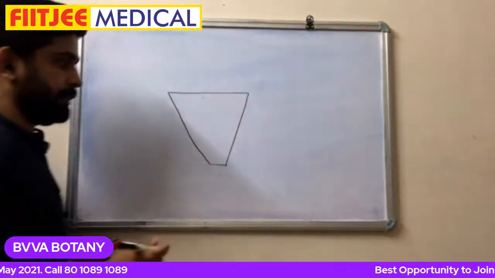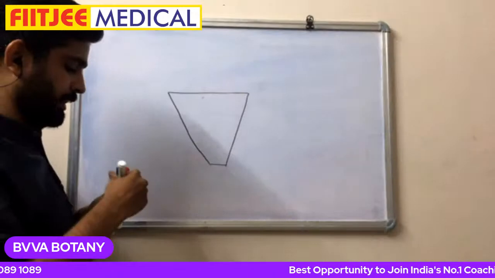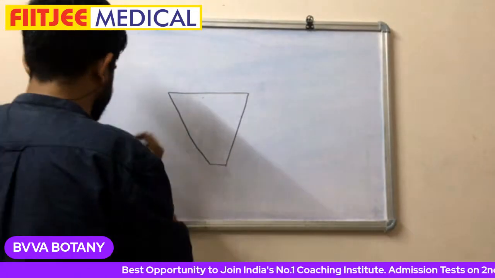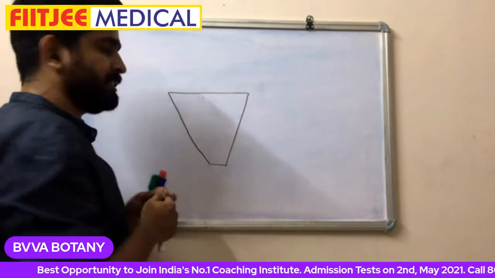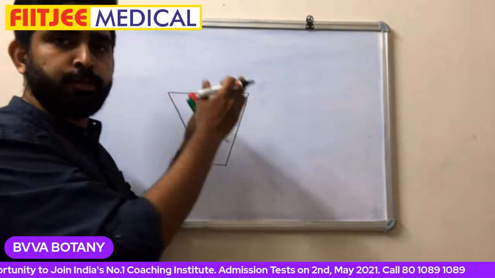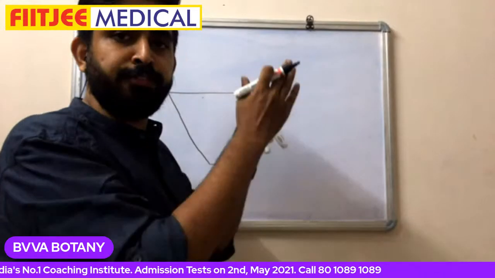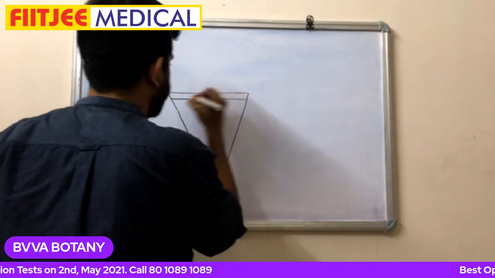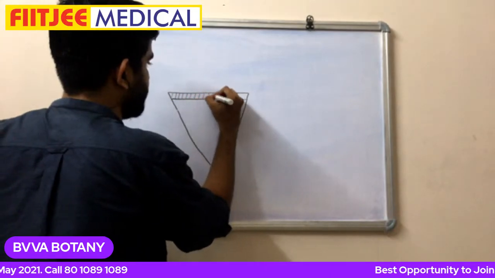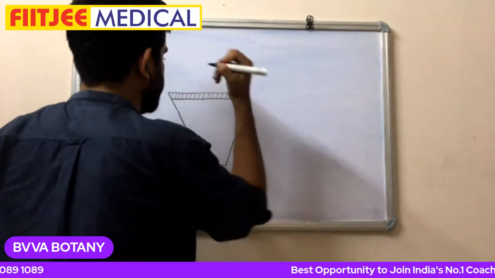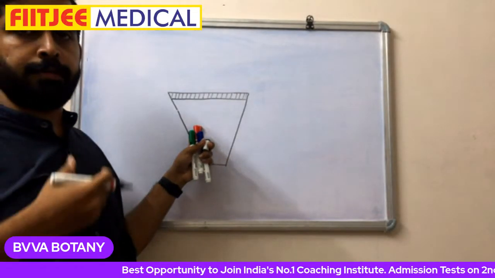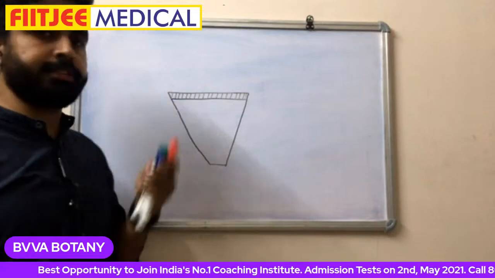Let's say this is a container. The container is insulated with cork or something, just to hold the equipment as well as the plant. Now to this container, we are introducing a funnel.